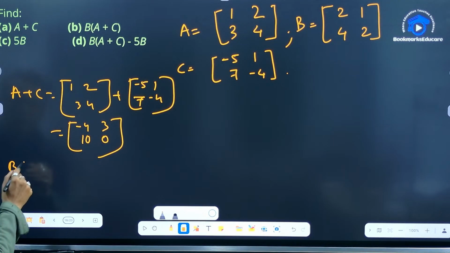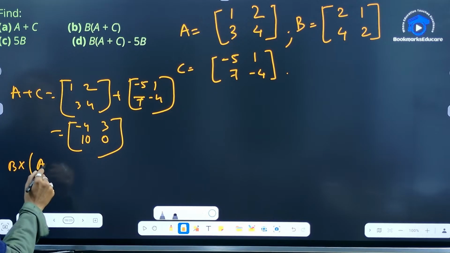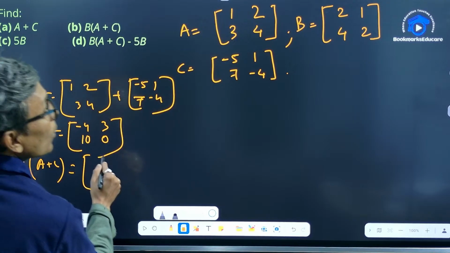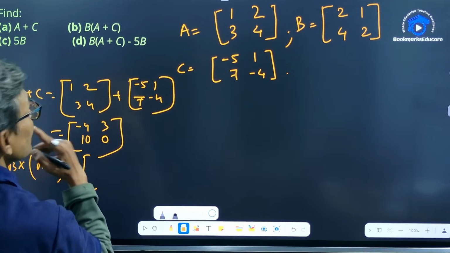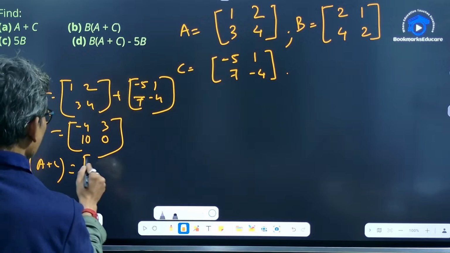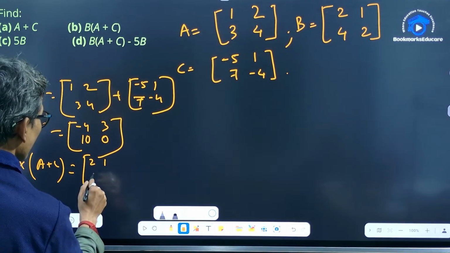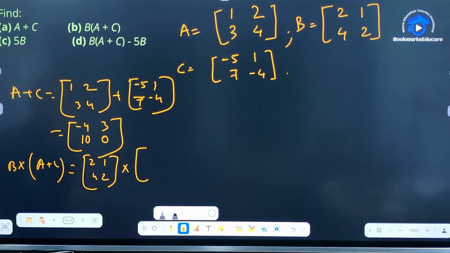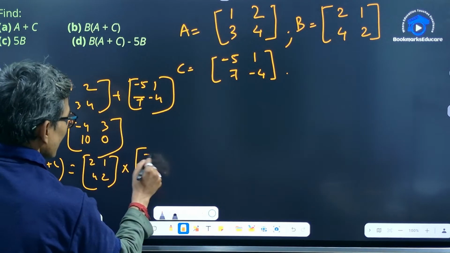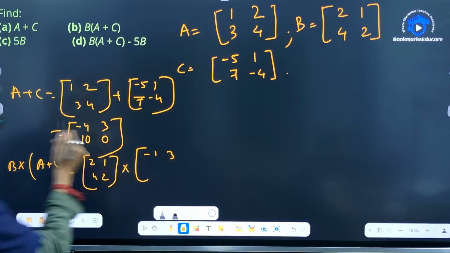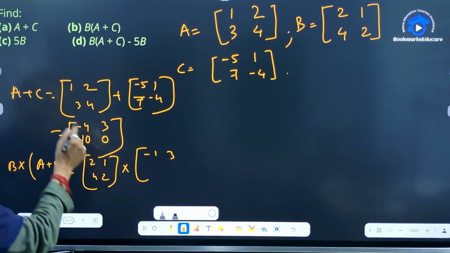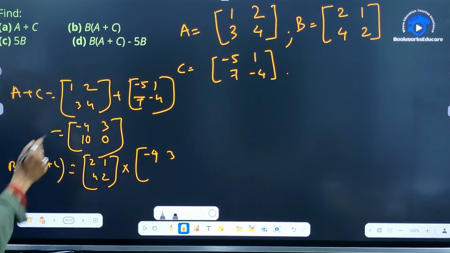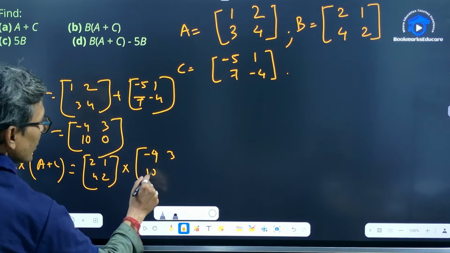And B into A plus C. B matrix is 2 1 4 2 into A plus C, that we found a few minutes ago, which is -4 3 10 0.